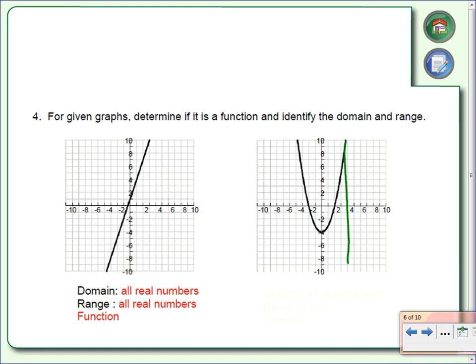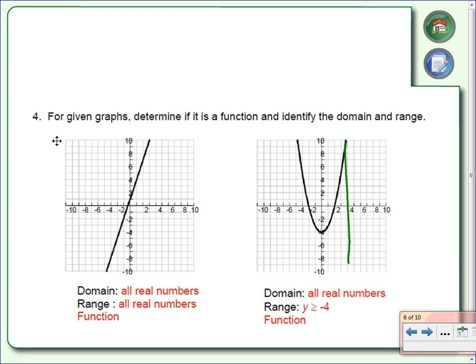If I move it over a little more, still only touching one time. No matter what, it's only touching one time. Therefore, it's a function. So this one is a function, guys.